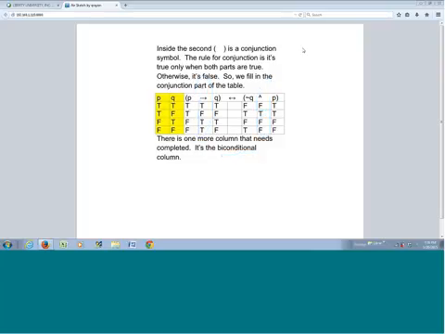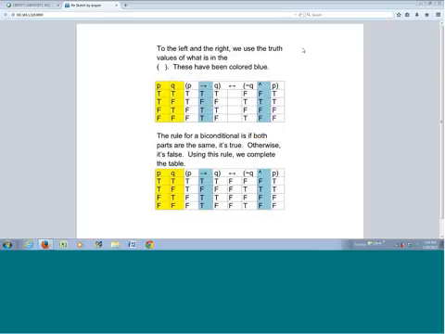And I've highlighted those columns in blue so you can see which columns we're using to evaluate the last column, which is the biconditional column. So we have to remember the rule for biconditional: if both parts are the same, it's true, otherwise it's false.